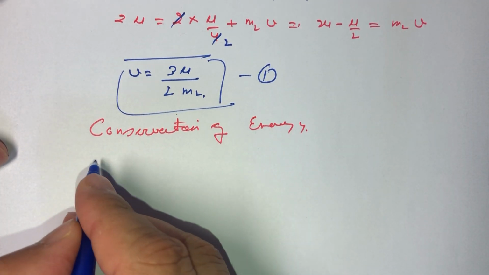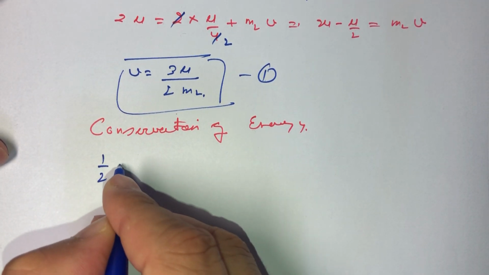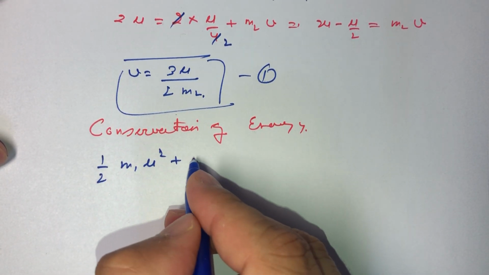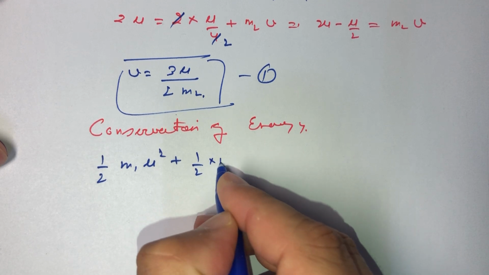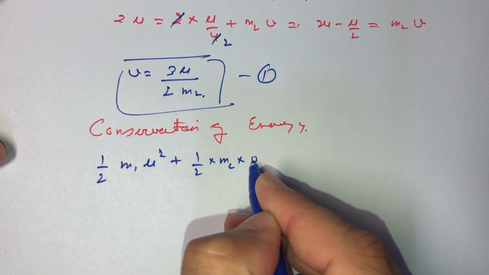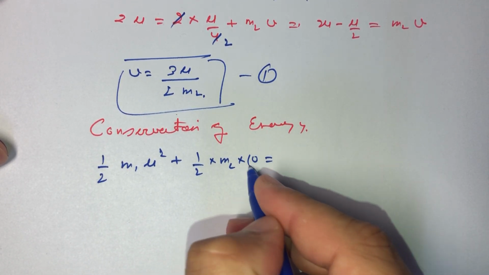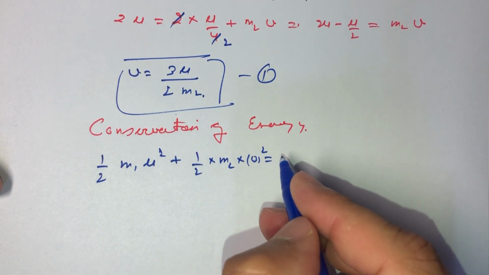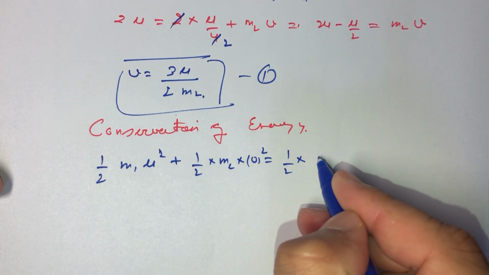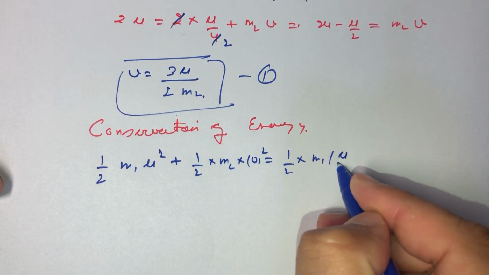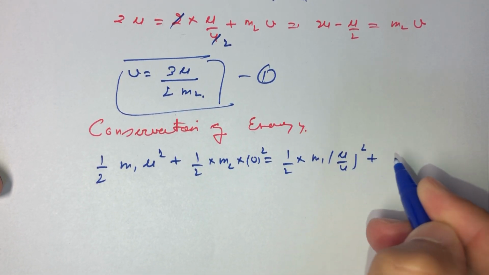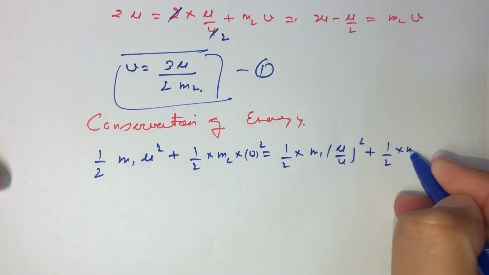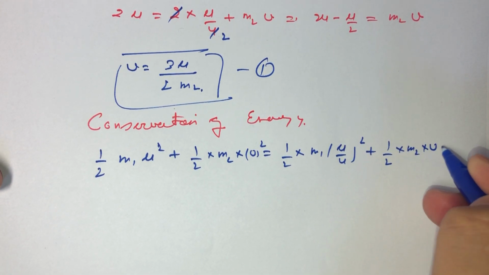So we have initial kinetic energy, half m1u square plus half m2 multiplied by 0, is equal to half m1 into u upon 4 whole square plus half m2 v square.